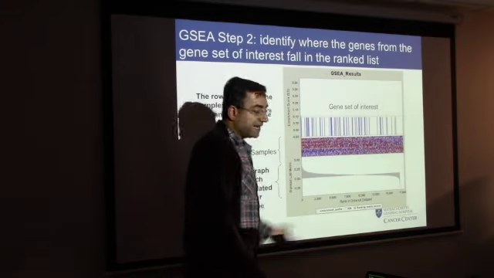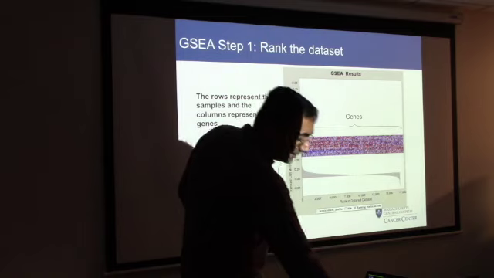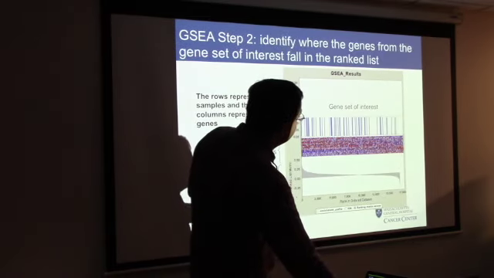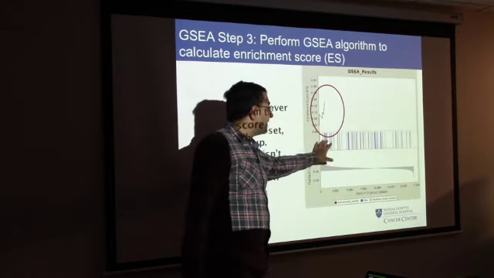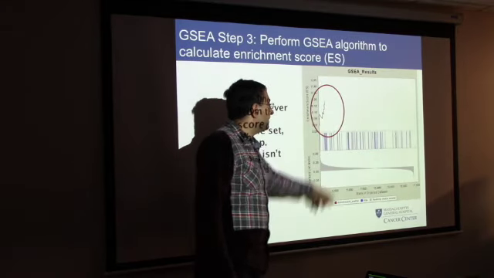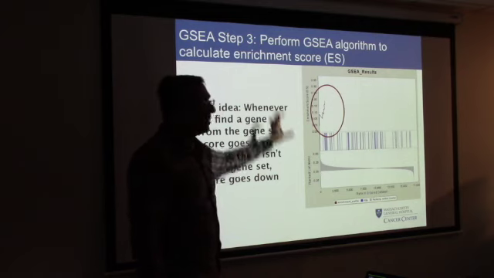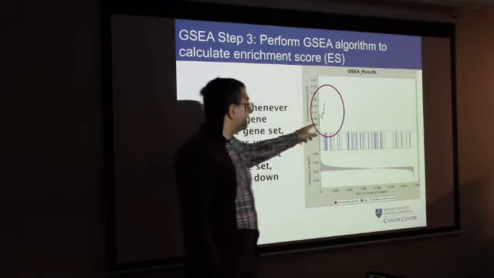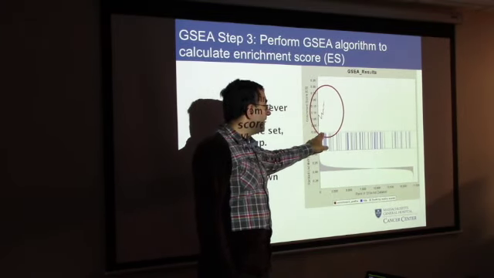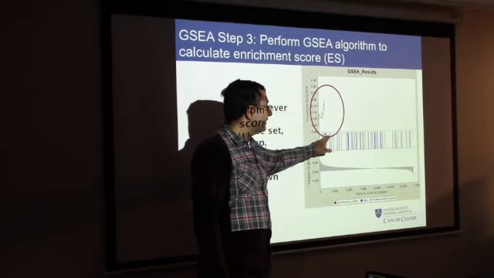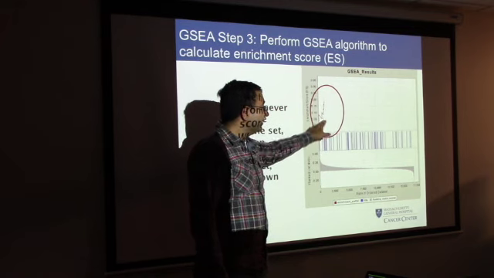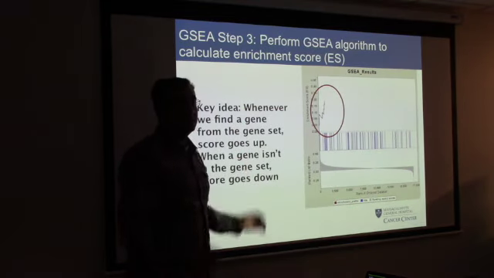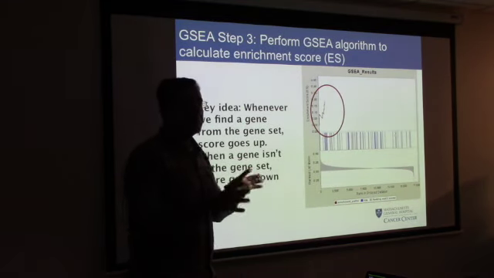So in order to measure that, you start with your genes, add your genes of interest, and now you're starting to quantify them. Every time you find a match, your score goes up. Every time you find a mismatch, the score goes down. Meaning, if a gene is present, it is a positive. If the next gene that you look at is not in your genes of interest, then your score goes down until you find the next match, in which case the score goes up. All right? That's the basic idea. How do you feel about this basic idea?